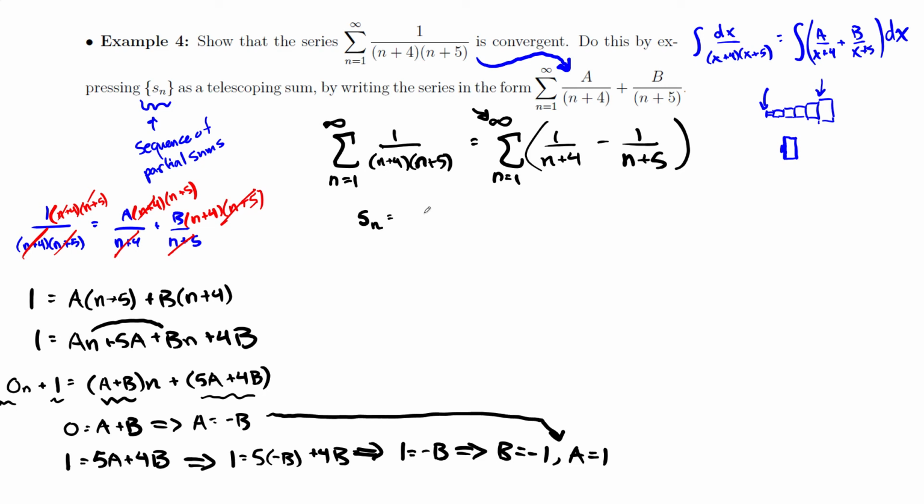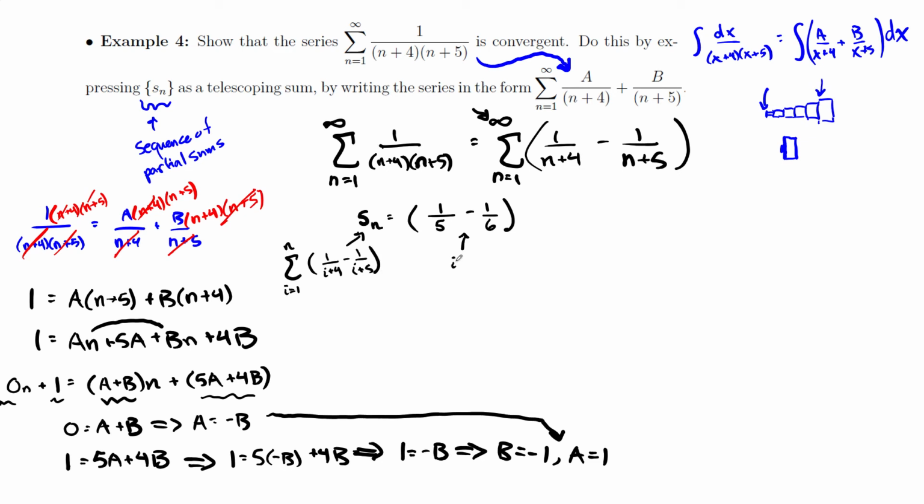So for S sub n, we're just going to start with 1. Plugging 1 in here would be 1 over 5 minus 1 over 6. I know it's kind of confusing to use n in two different places, but this is the sum from i equals 1 to n of 1 over i plus 4 minus 1 over i plus 5.